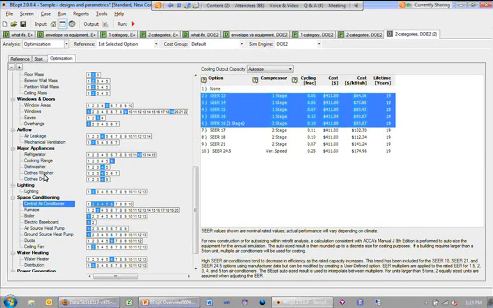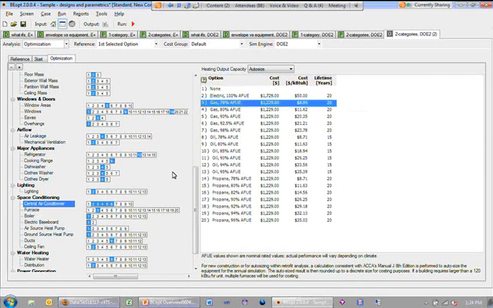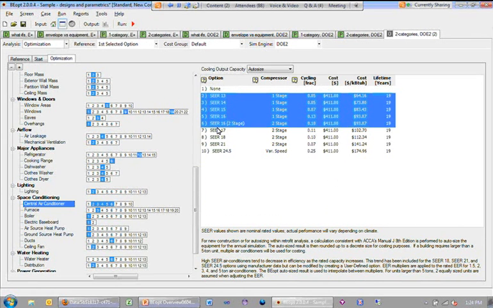And in some ways, you can think of parametric mode as a sort of brute force analysis that does all possible combinations across categories where you've selected multiple options. But as we said, that can blow up. In optimization mode, it's not going to blow up as fast.